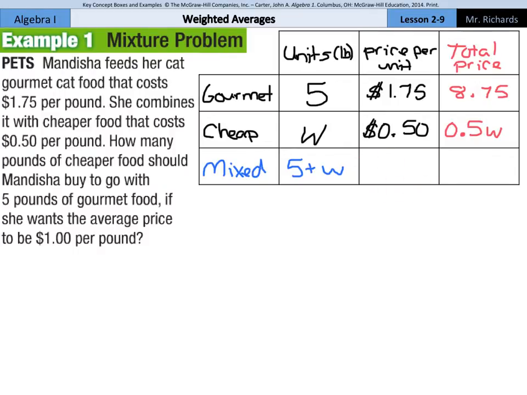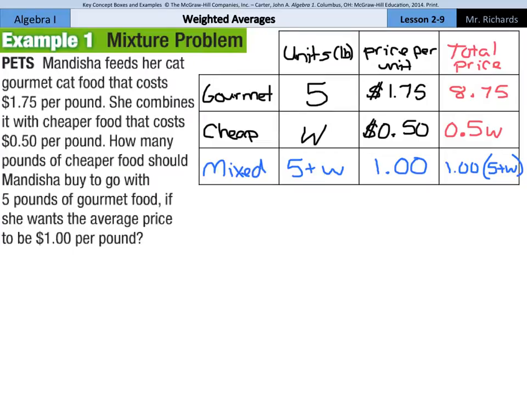We want the price per unit to be $1. Now, how do we get our total price here? The same way we got these. We're going to take our price per unit and multiply it by our units. So our price per unit of $1 multiplied by our units, which was 5 plus W.